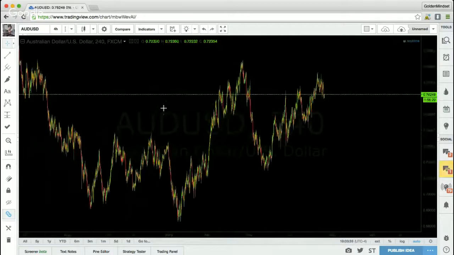So, how do you trade the market? First of all, what application am I using to trade the market? I'm using TradingView. It's a website called tradingview.com. It lets you do every chart you want, and you can draw. You have all kinds of drawing tools. You can even publish ideas.